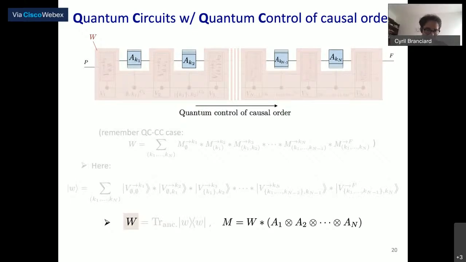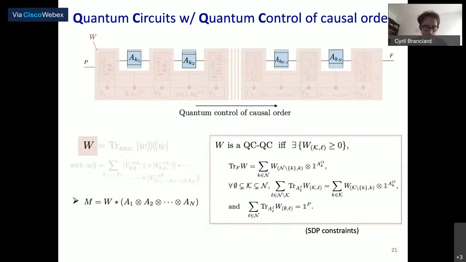And again, we can tell the same story. So we only need to know the W matrix to analyze this circuit, and different circuits may have the same W matrix. So a given W matrix may have different realizations, and we again have a nice characterization of this class of quantum circuits with quantum control as SDP constraints.